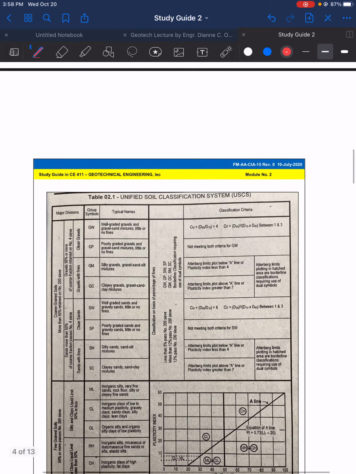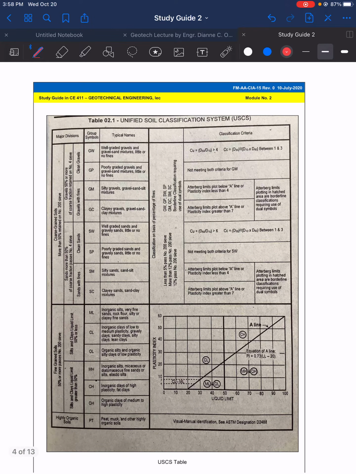The other one is the USCS table. Here you can observe that it is also divided into two: the coarse-grained and the fine-grained. If you follow the instruction, it says coarse-grained soil is more than 50% retained on the number 200 sieve, and fine-grained soil is 50% or more passing the number 200 sieve.